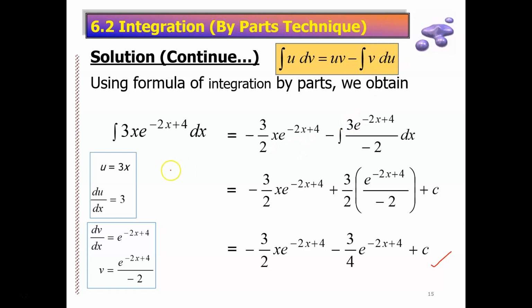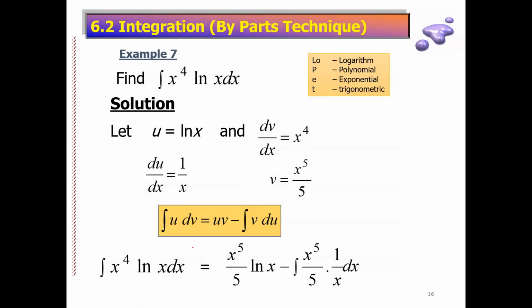Your u, du, dv, and your v. So this is integration by parts. Okay, let's see more examples so you can understand better.